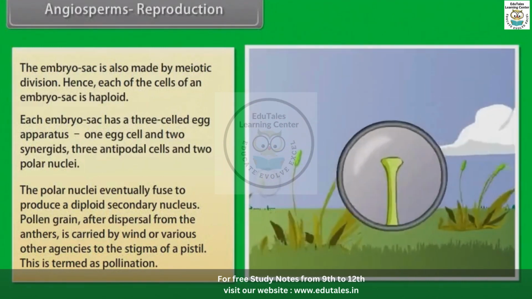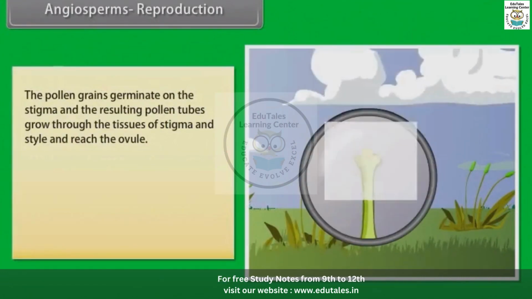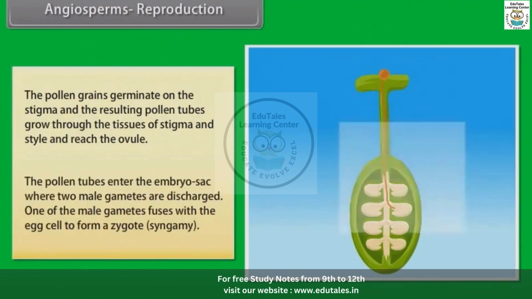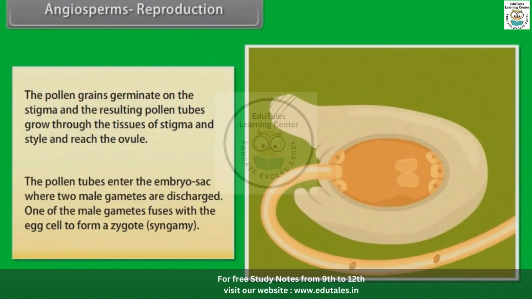This is termed as pollination. The pollen grains germinate on the stigma, and the resulting pollen tubes grow through the tissues of stigma and style and reach the ovule. The pollen tubes enter the embryo sac, where 2 male gametes are discharged.